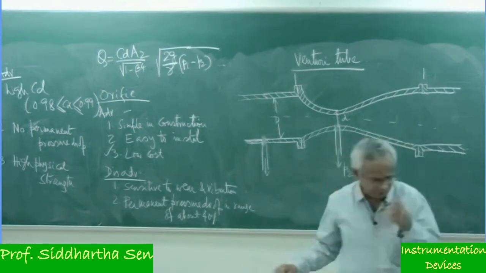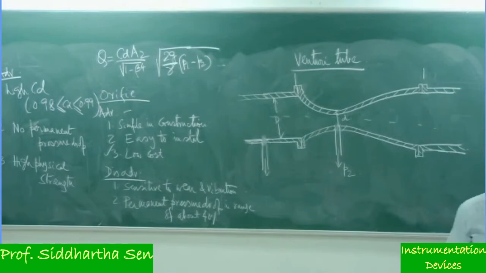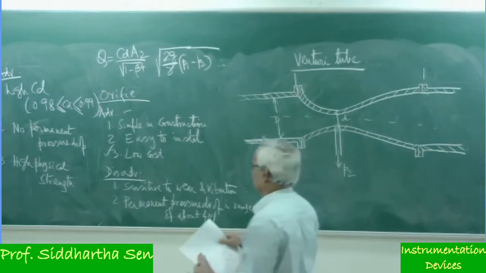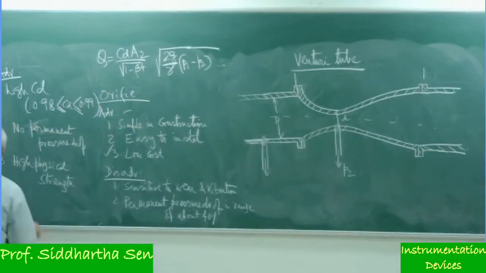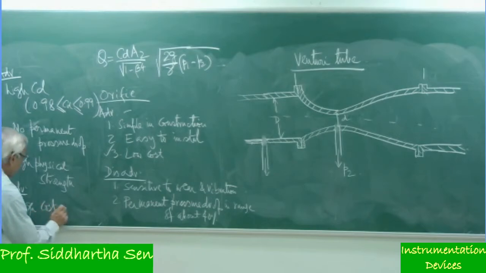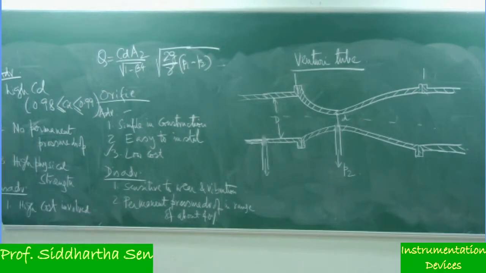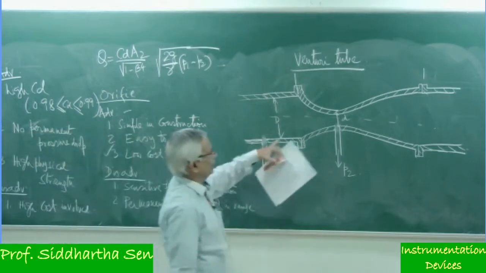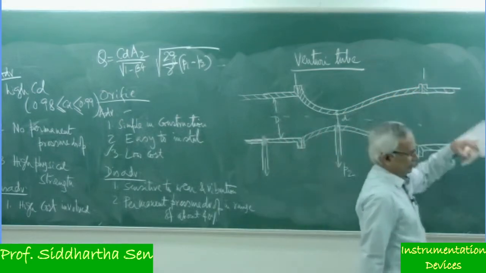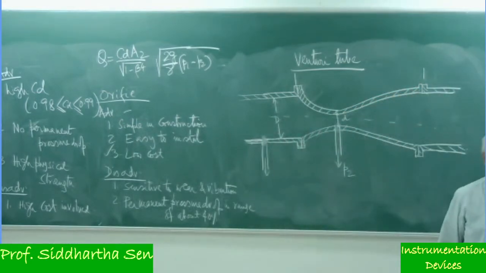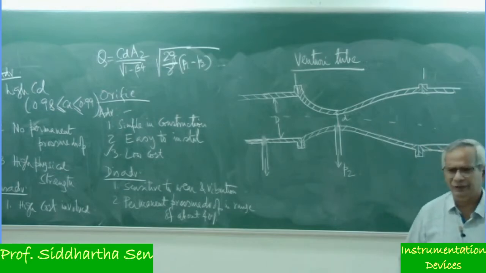But at the same time, the disadvantage is the high cost involved, because the tube has to be made in a particular profile. The design details are given in any mechanical book, like Bentley or Doebelin.